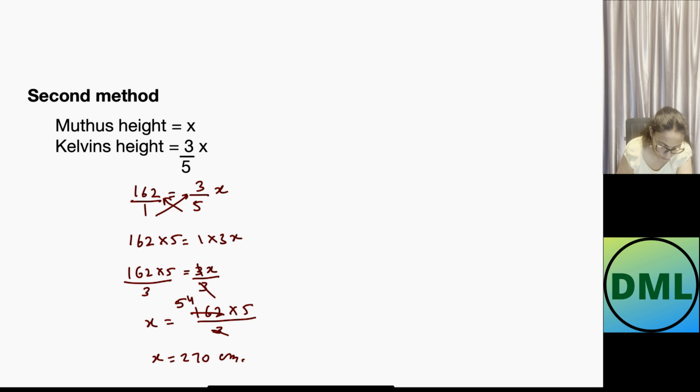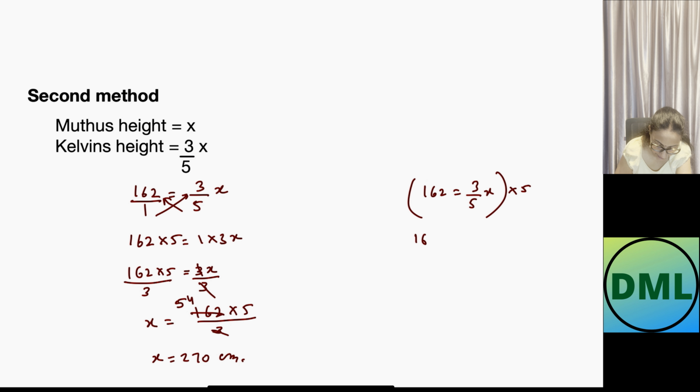I'll solve this question with a different method. Here in the denominator, you have 5. You want to remove this 5 from the denominator. To remove it, you have to multiply the complete equation by 5. 162 is equal to 3/5 x. I'll multiply the full equation by 5.